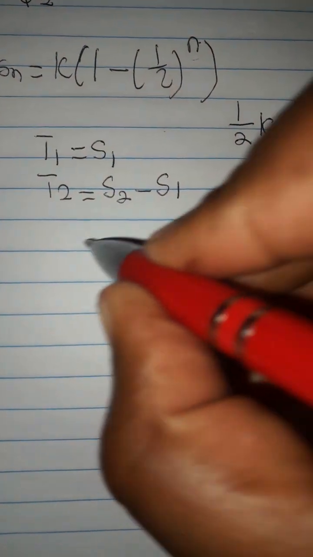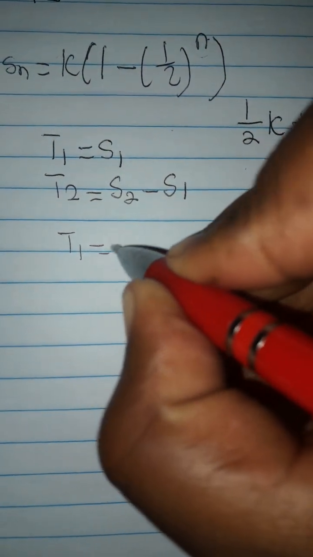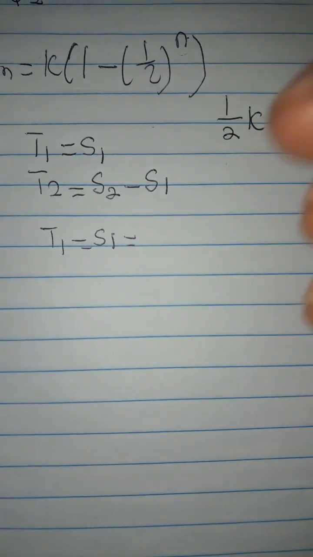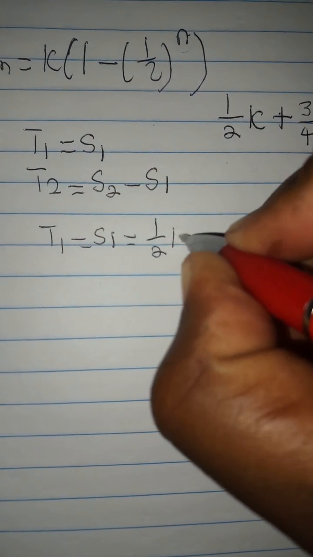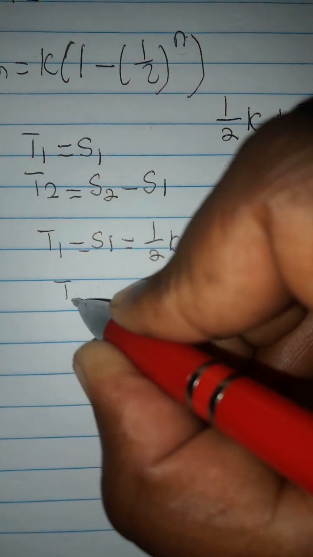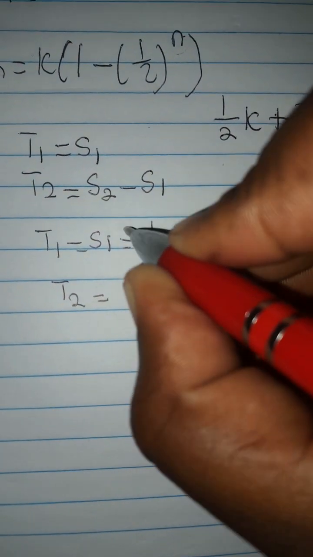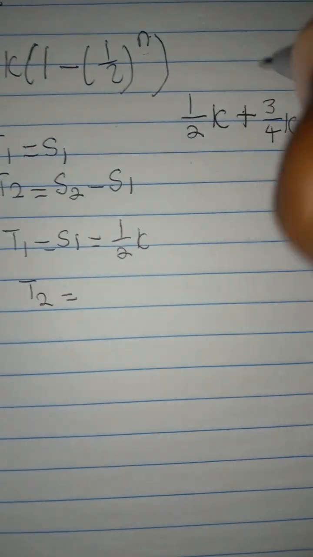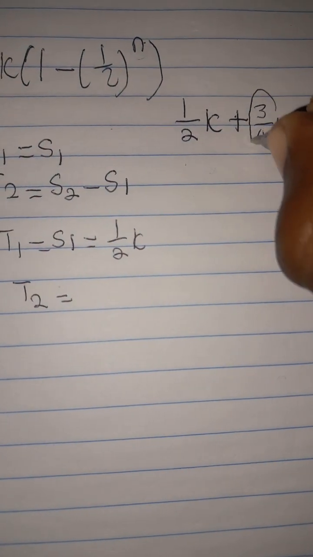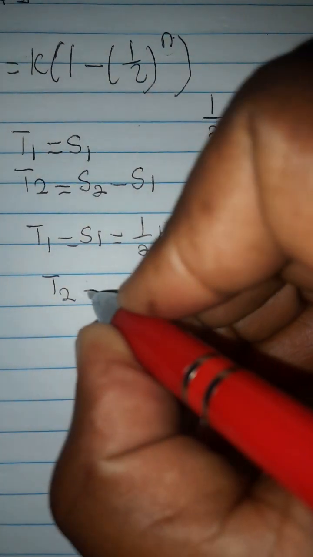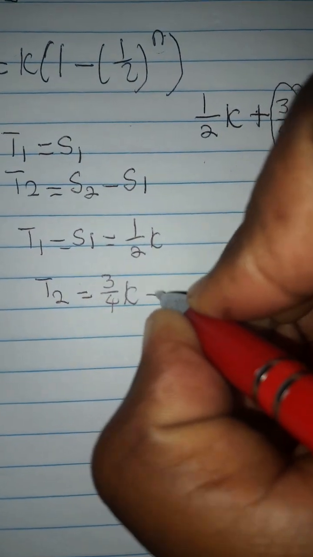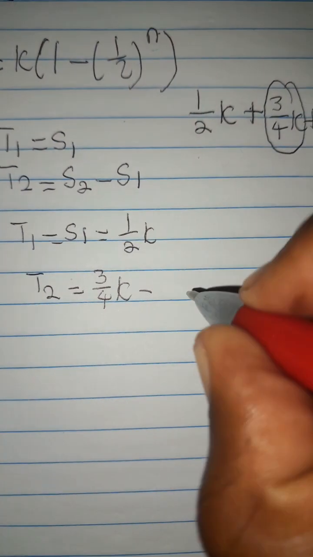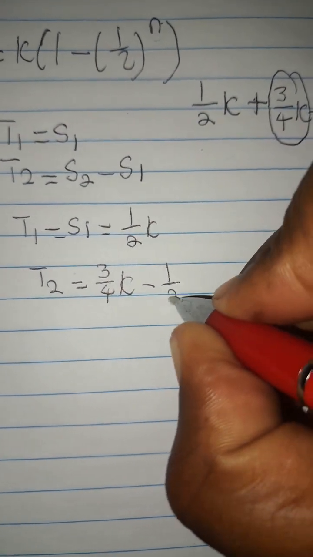So our T1, which is S1, the sum of the first term, will be half k. Then what about T2? The sum of the second term gives 3 all over 4 k, so we have 3/4 k subtracted by S1. S1 we got as half k.